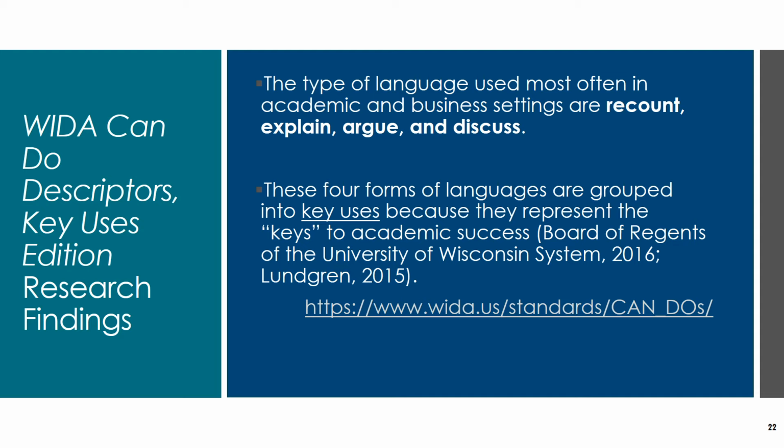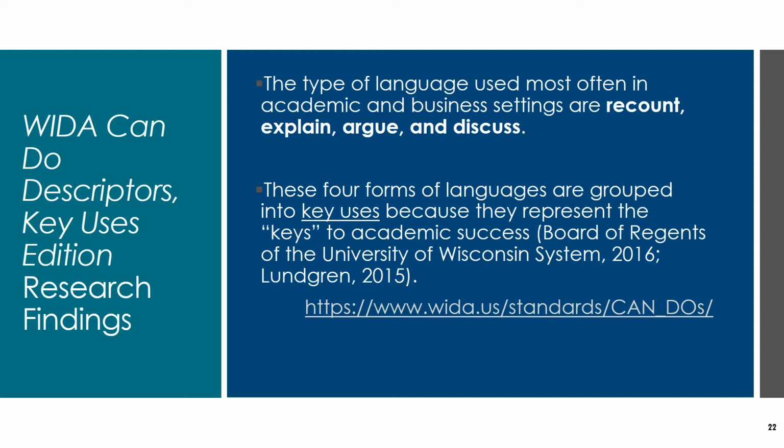This is important because it focuses on the 4 skills that are required in all kinds of academic development. It names the types of language used most often in academic and business settings, and that is recount, explain, argue, and discuss. So how can we have children performing these tasks with language and with one another, in groups?